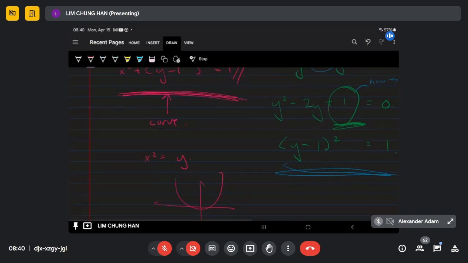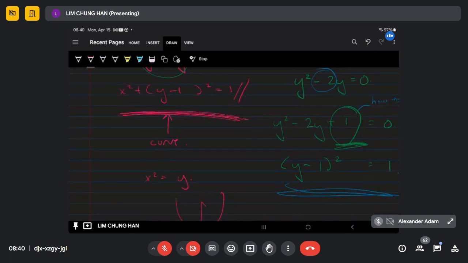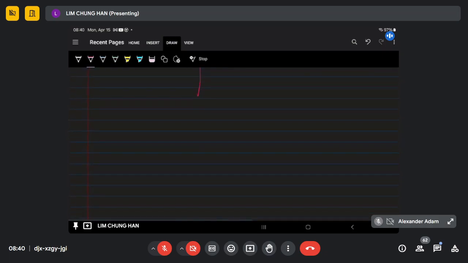So you can start guessing the shapes of that. But for this one, we are not going to plot the shape. In the later example, we're going to plot. So as you can see, you can turn it into polar equations, and then you can start plotting for curves as well. That's the important point.